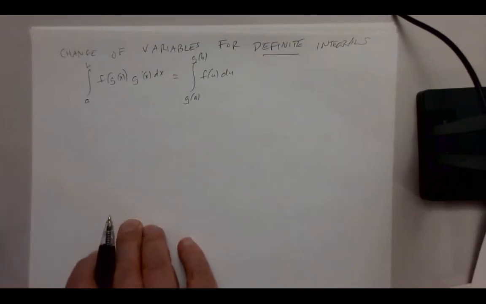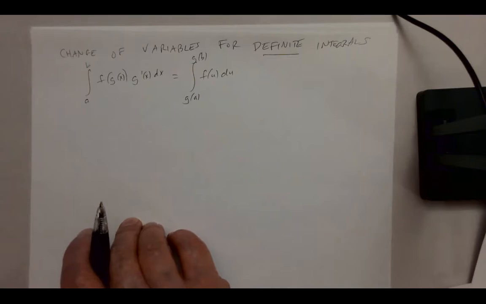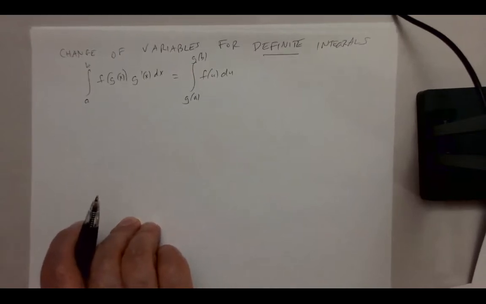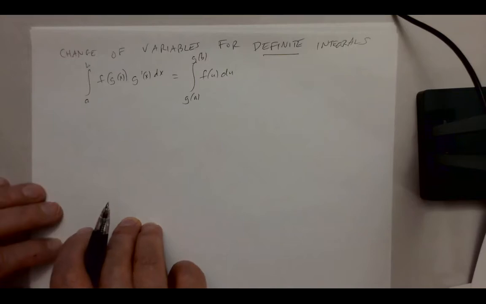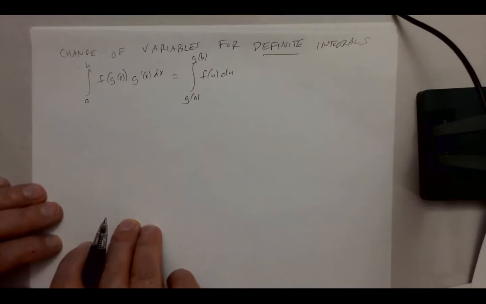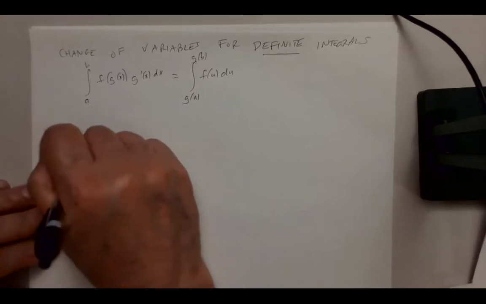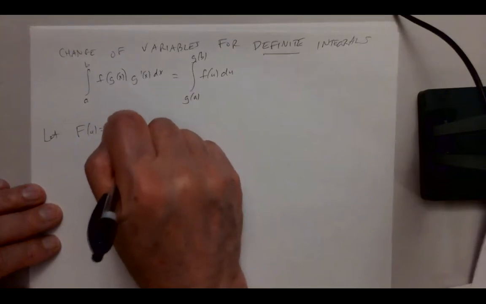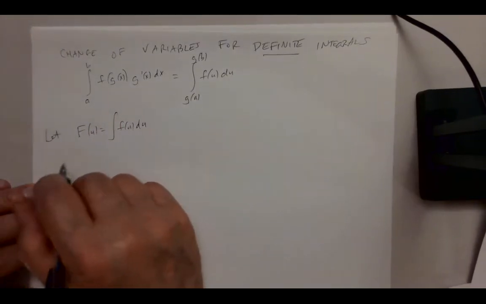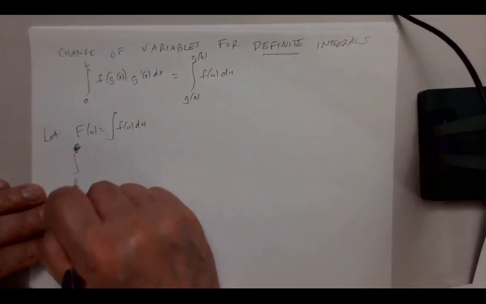So why is this true? Where do we get such a formula? Suppose we let capital F of u be the antiderivative of little f of u du. So then, let's look at the indefinite integral.